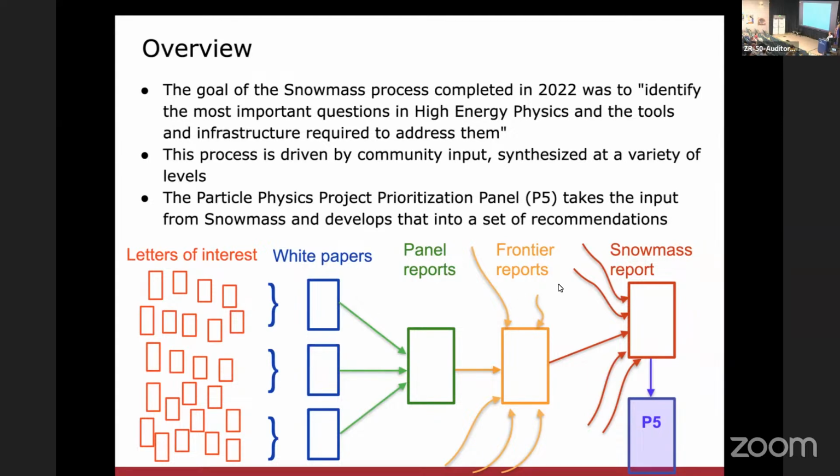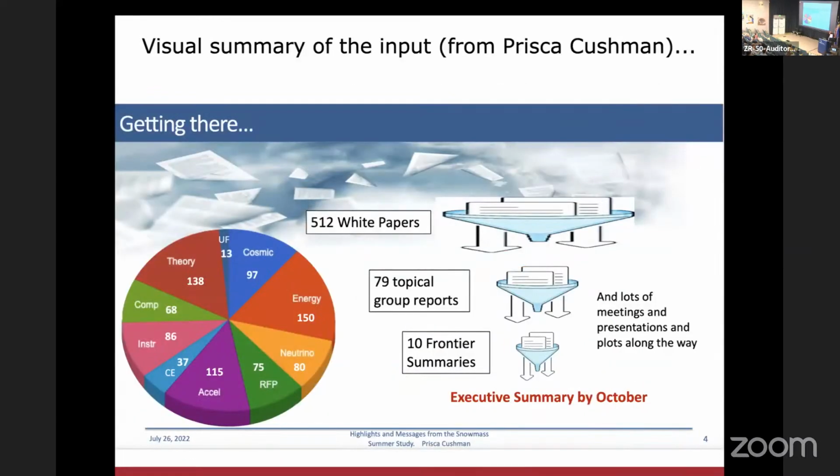And then the Snowmass report, along with other input, leads to the P5 report. That again, you're hoping maybe you get a sentence or two in some cases on your particular topic. But a lot of work went in, right? Hundreds and hundreds of people just within the cosmic frontier worked on these letters of interest, the white papers, and on down.